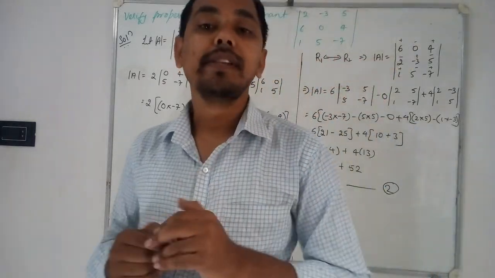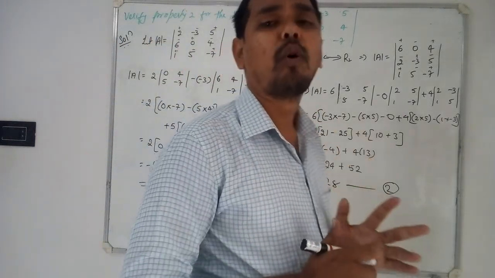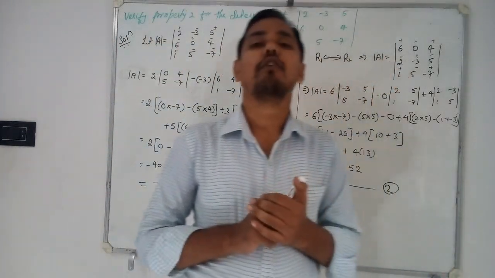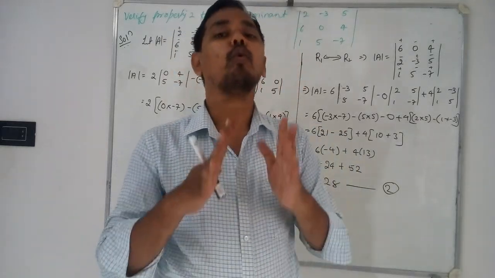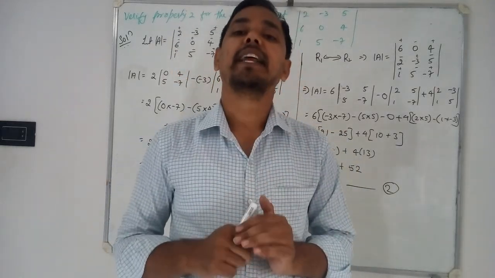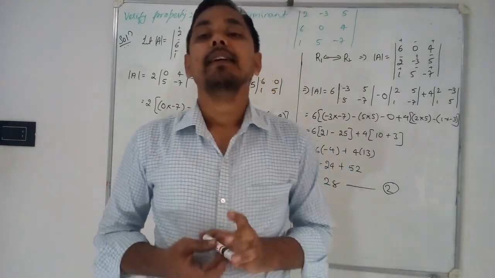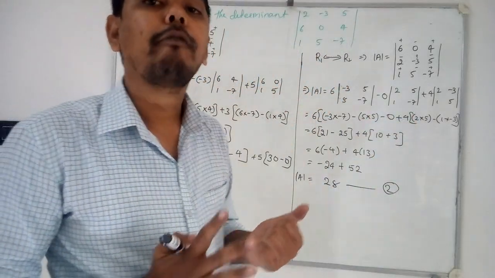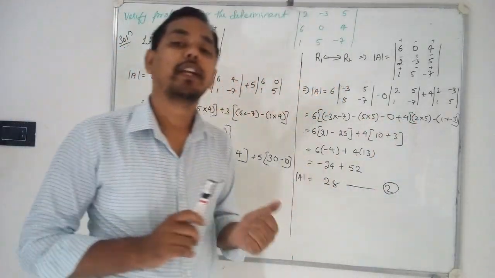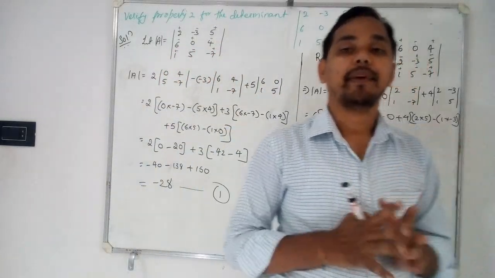What was the sixth one? Sixth one is, if each element of any row or column is expressed as sum of two or more terms, then the whole determinant can be expressed as sum of two or more determinants.